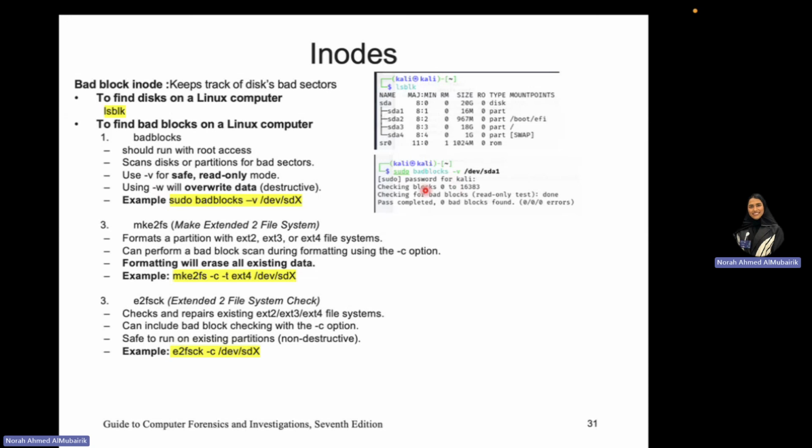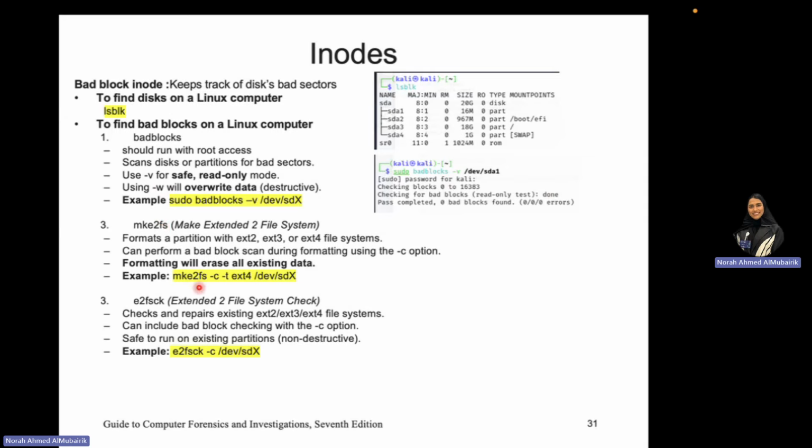it will check for bad blocks, and when the check is done, there are 0 bad blocks found. If I type mke2fs, this means make extended 2 file system, which is sometimes utilized for formatting.